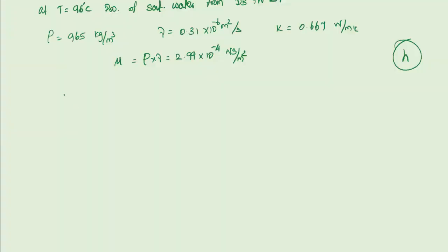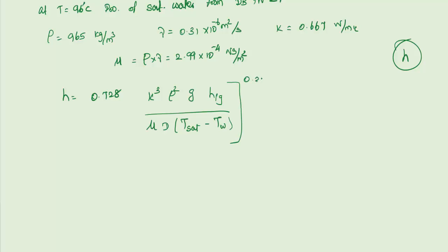So H equal to 0.728 times [K cubed rho squared g HFG divided by mu times diameter times (T saturation minus T surface or T wall temperature)] to the power 0.25.